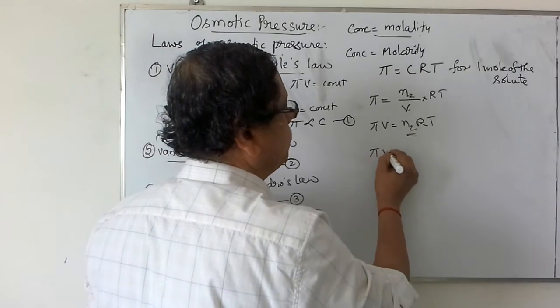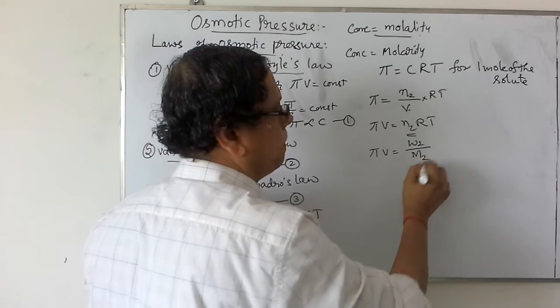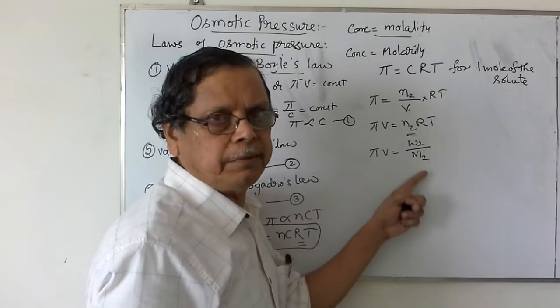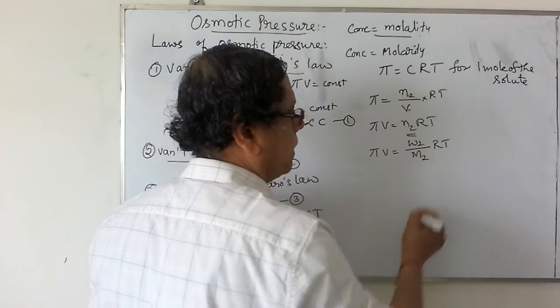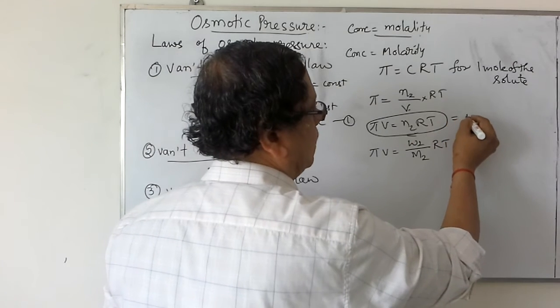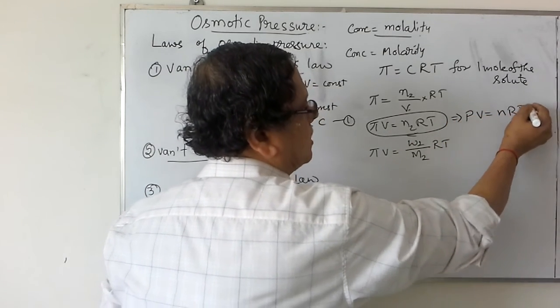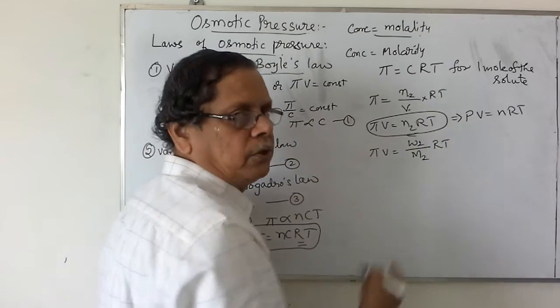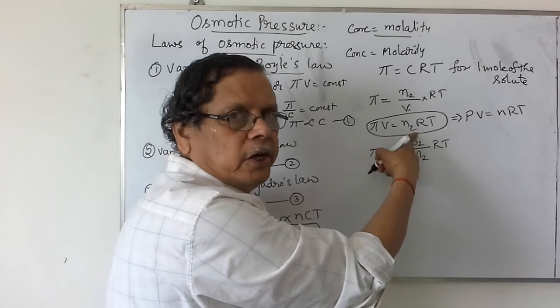The number of moles of the solute can be calculated as mass by molar mass. This is the same as PV is equal to nRT. Similarly, we have pi V is equal to n2 RT.